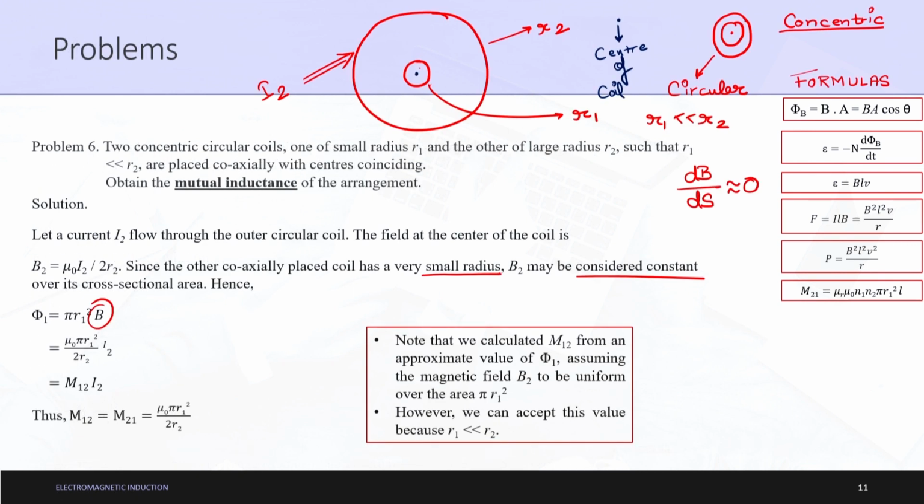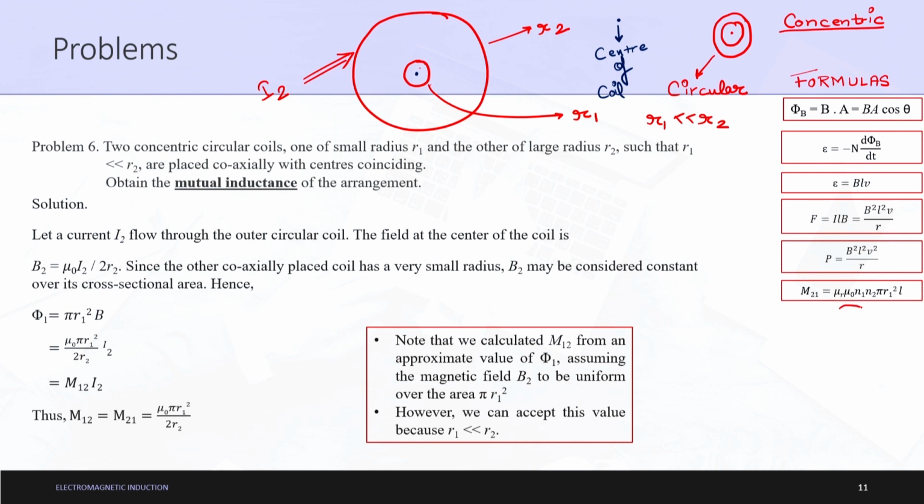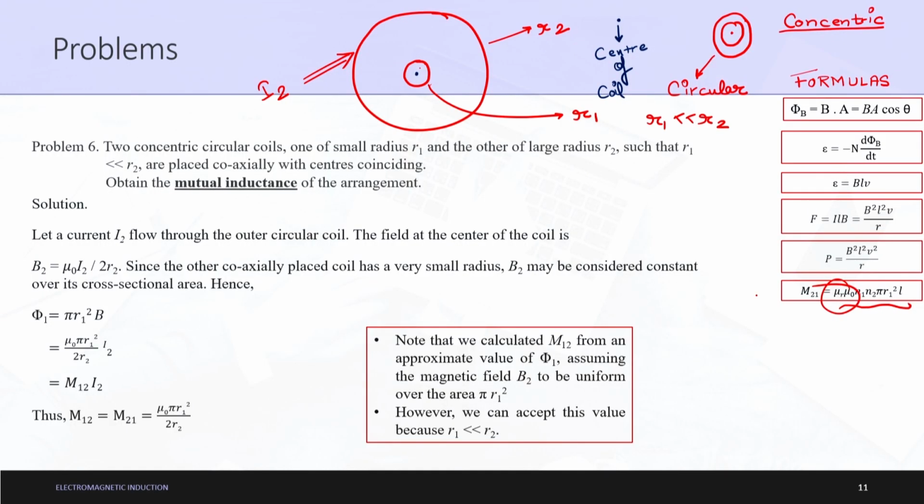Moving on, a little more discussion has to be done, but that will be considered in the next lecture. In this lecture, we studied the reverse case of mutual inductance, and we found that the value of M12 is equal to M21 is equal to mu naught N1 N2 pi R1 square upon L. If air is the medium, the value is multiplied by 1, but if another medium is used, then the coefficient of relative permeability, mu r, has to be multiplied with the mutual inductance.